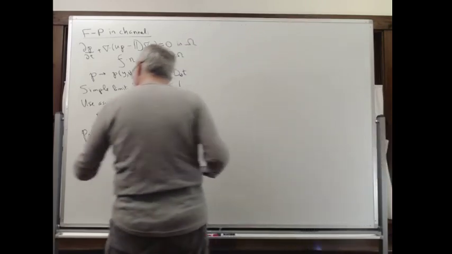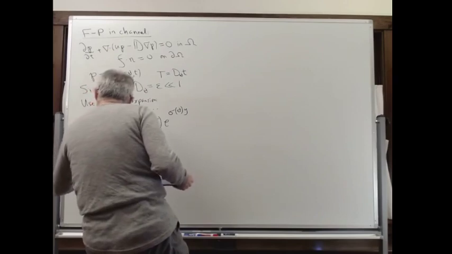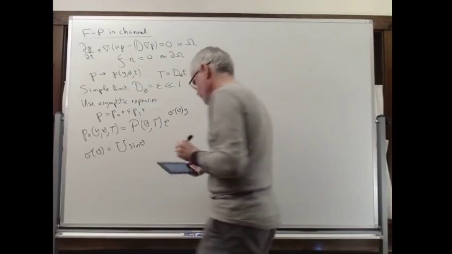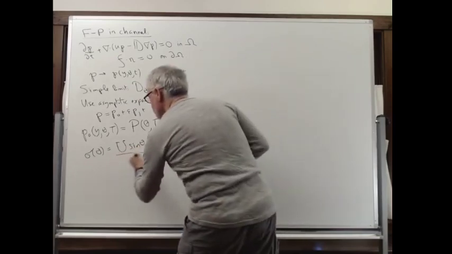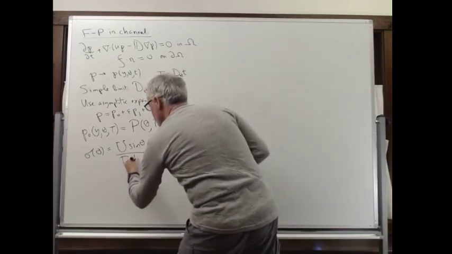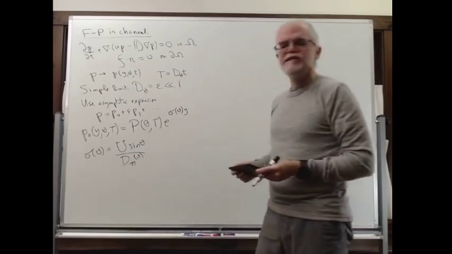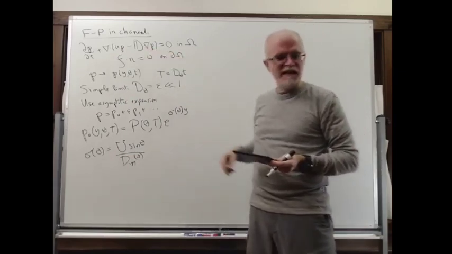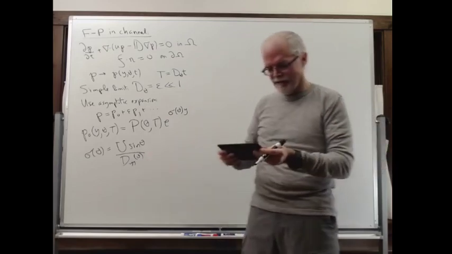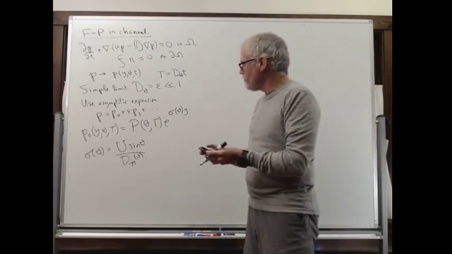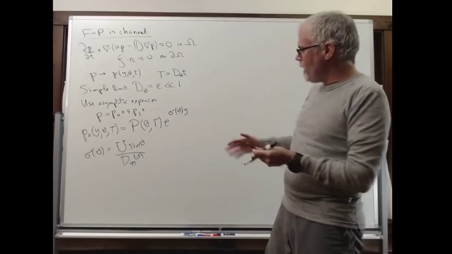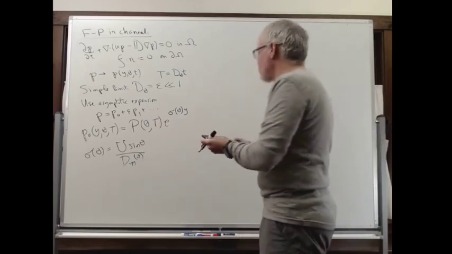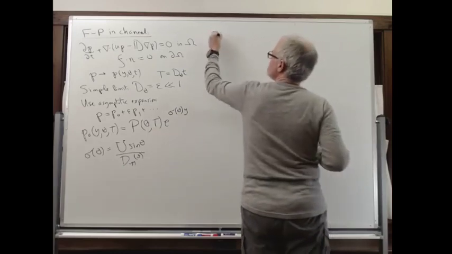So sigma of theta is basically the drift. So it's U sine theta divided by D_yy of theta, where D_yy is the yy component of my D tensor here. So that's a function of theta as well. Now I'm going to give you an equation for capital P. So capital P actually satisfies a very nice PDE.